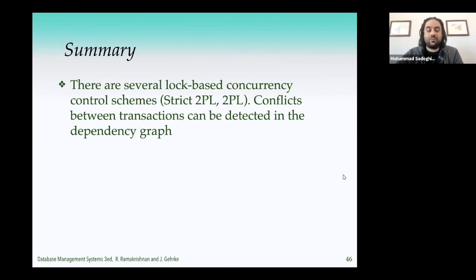You basically use non-blocking, you never wait. And if you never wait, you're never going to have a deadlock. Or you always wait for a younger transaction, or you always wait for an older transaction. As long as you maintain a consistent ordering of how you hold or resolve blocks, then you can avoid deadlocks.